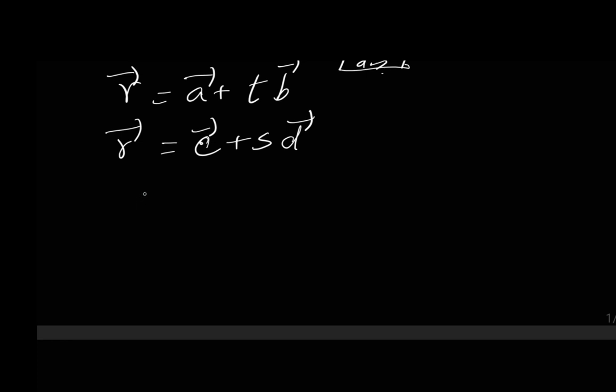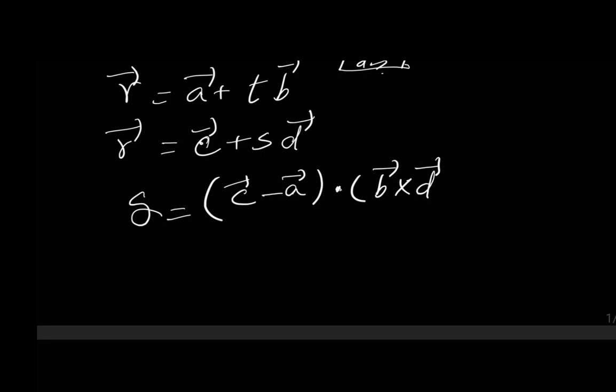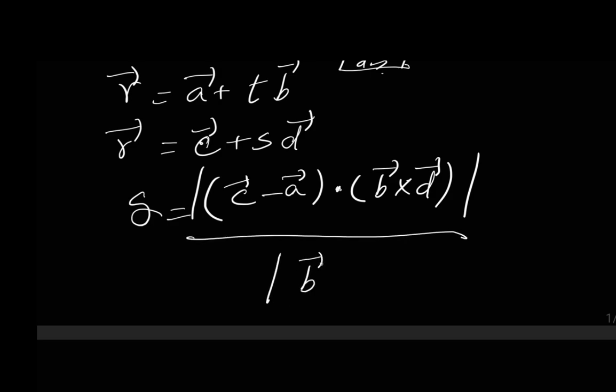So the distance, let me mark it as delta, is equal to the modulus of vector c minus vector a dot b cross d, divided by the modulus of b cross d. The denominator term b cross d should not be equal to 0. So this is the distance between the two skew lines.